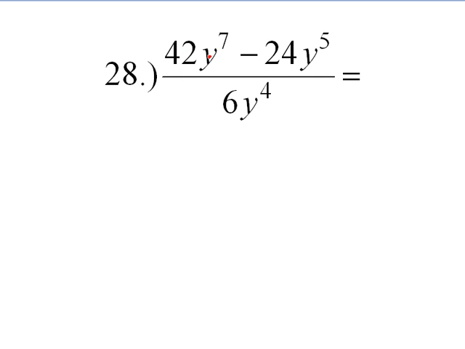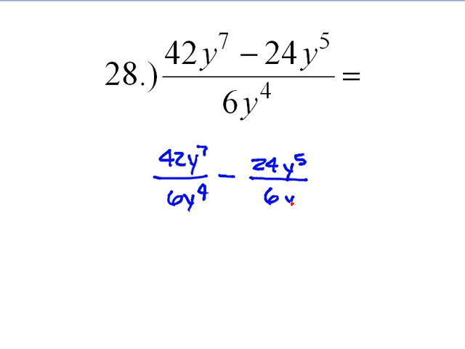Okay, so we have 42y to the 7th. Let's rewrite this so that you see each setup. Now, eventually, you'll be able to just simplify and not have to write out both steps.